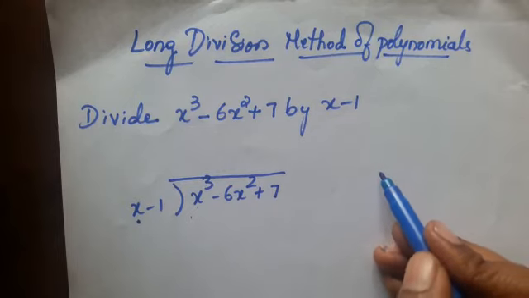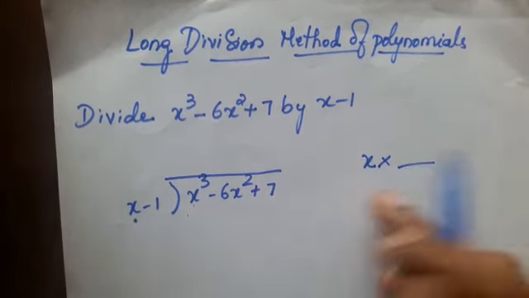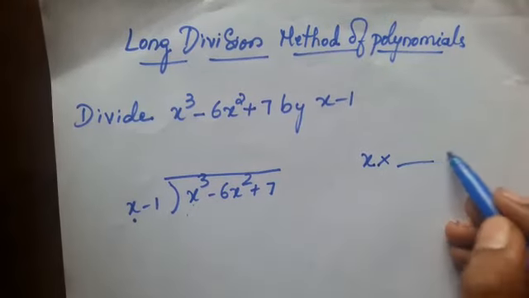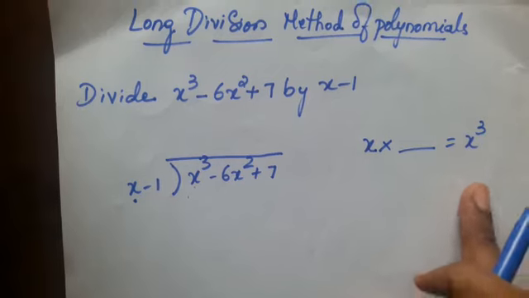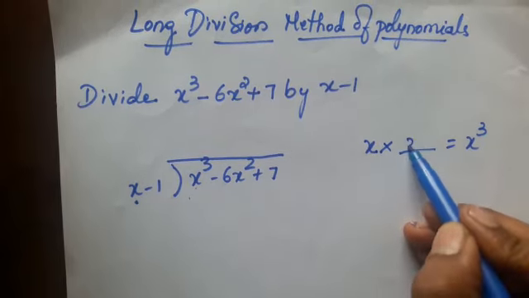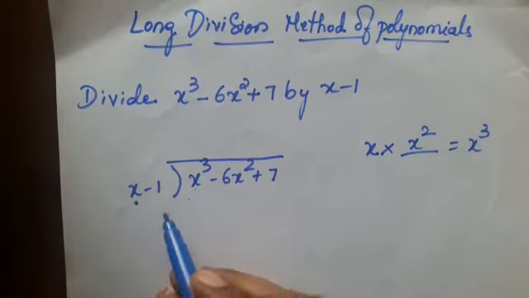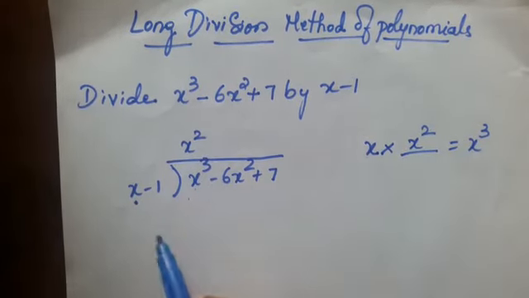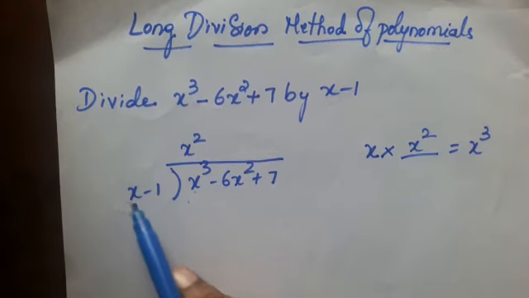So what should be multiplied to x so that I should get x cube? So it is x square, right? So now I have to multiply both the terms by x square.